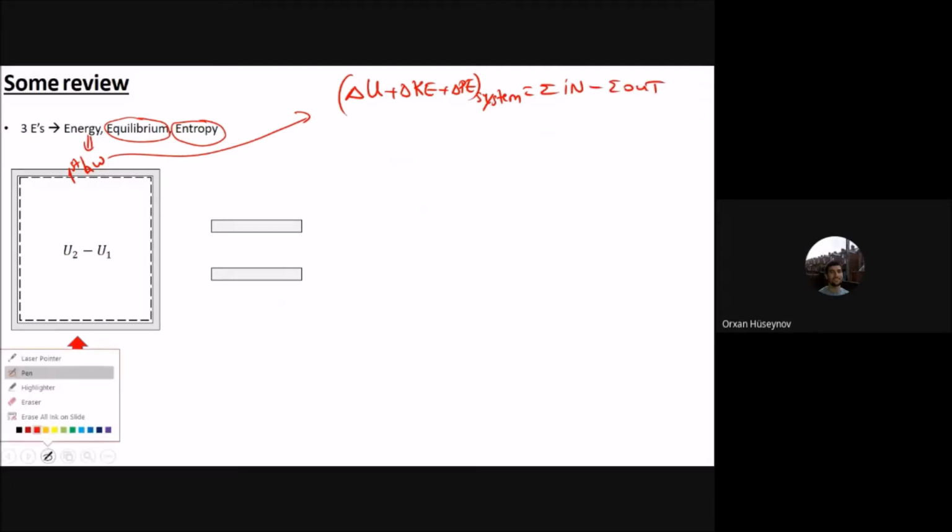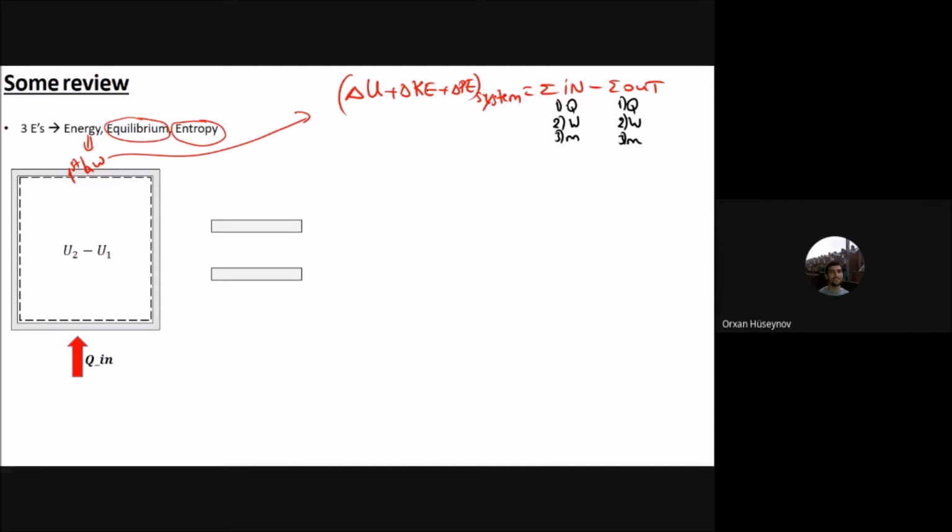And the in and out properties can be any transfer properties. It can be by heat, it can be by work, and it can be by mass.